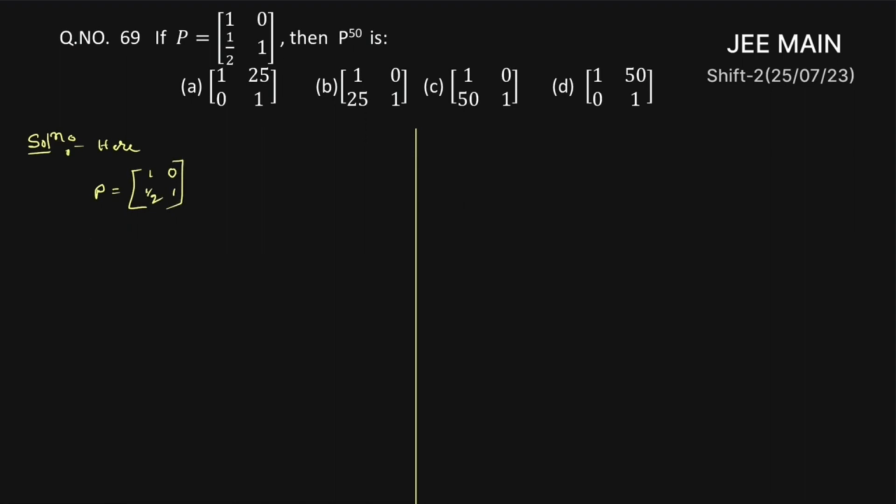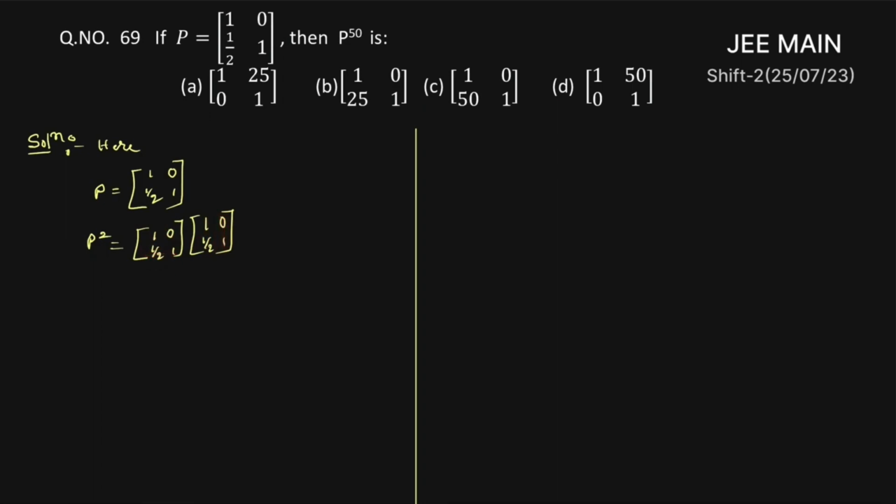Now we have to find P square, that is the matrix 1, 0, 1 by 2, 1 times 1, 0, 1 by 2, 1. Now we multiply first row with first column, first row with second column, second row with first column, and second row with second column.